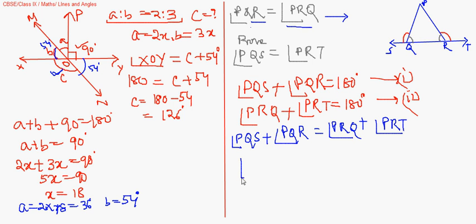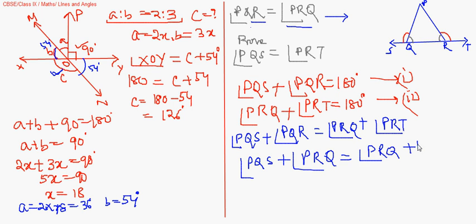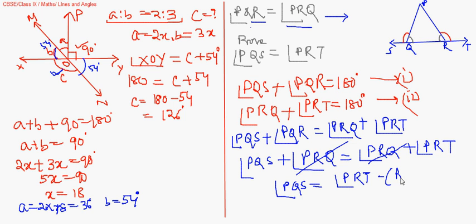So my equation would look like PQS plus, I am substituting PQR with PRQ, thereby making the equation look like this. This PRQ getting cancelled, and thereby making PQS equal to PRT. That's it, proved. Not that difficult, right?